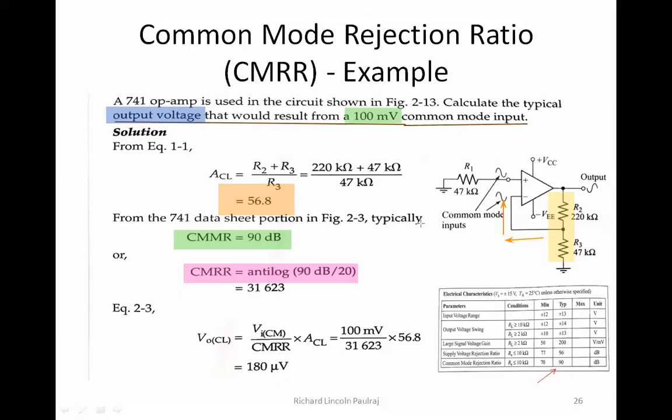How much do you get for 90 divided by 20? So we are looking at the value about 31623. I hope all of us are getting this value. Yes, sir. Please verify.